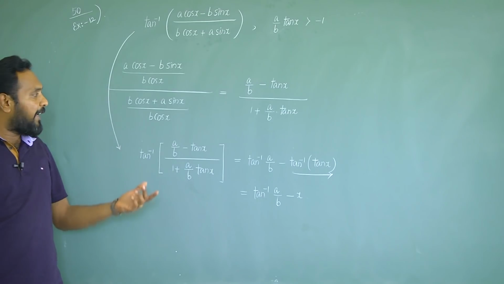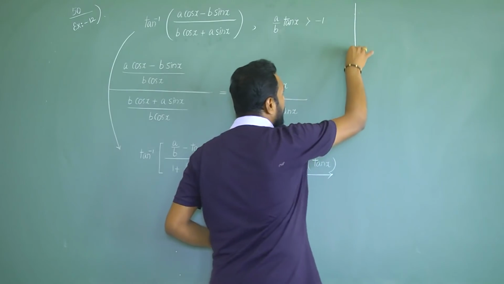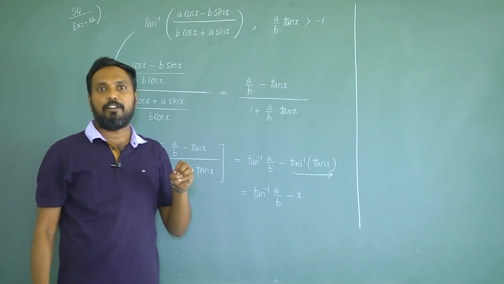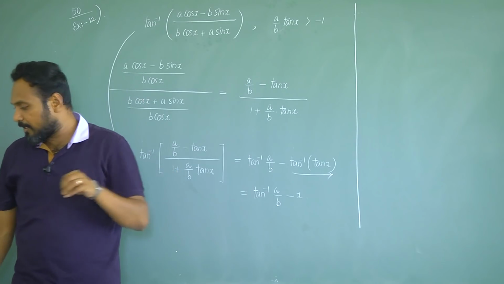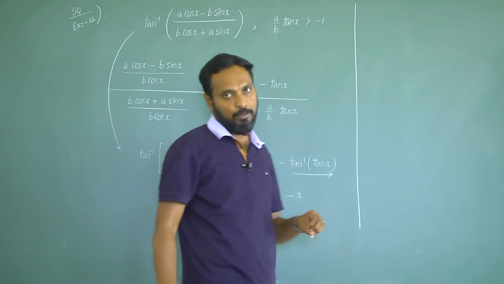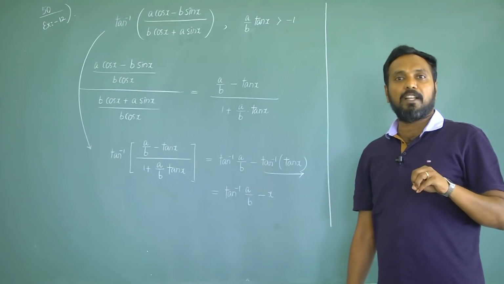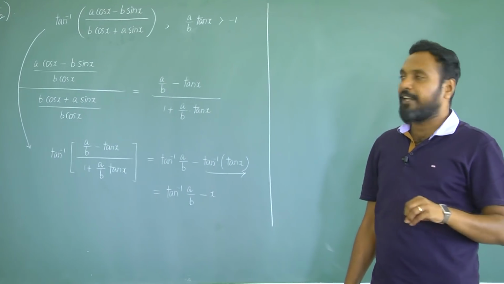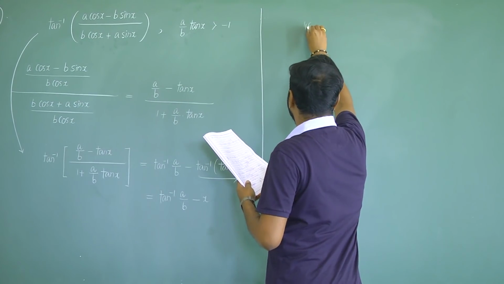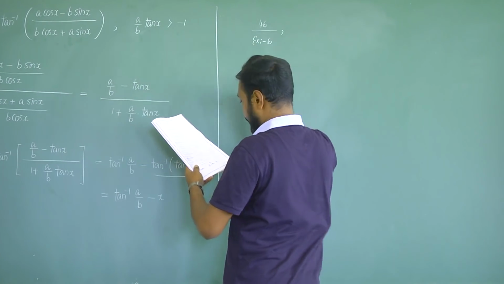Now, based on this model, after getting perfect in all the problems we have discussed, there are some problems you compulsorily need to solve. You need to try the solutions so that you will be 100% confident in this particular model. What are those problems? Page number 46, example 6.